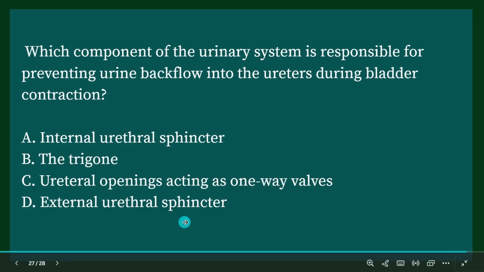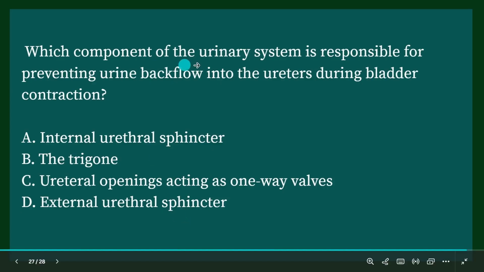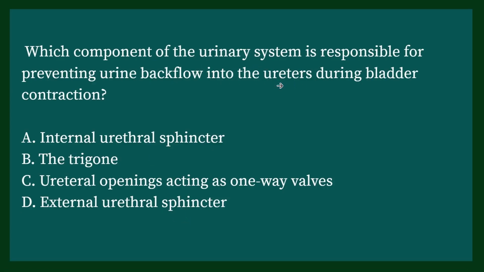So the internal and external urethral sphincters are not attached to the ureters. But what is attached to the ureters is the ureteral openings. So remember, we were talking about how the ureters attach to the bladder at the base of the bladder, and they're set up at an angle so that they become one-way valves.